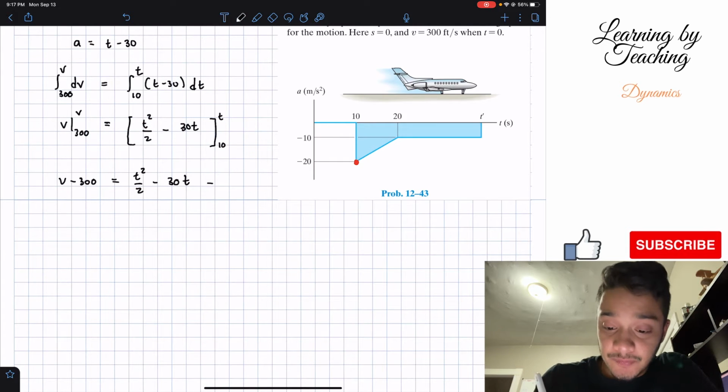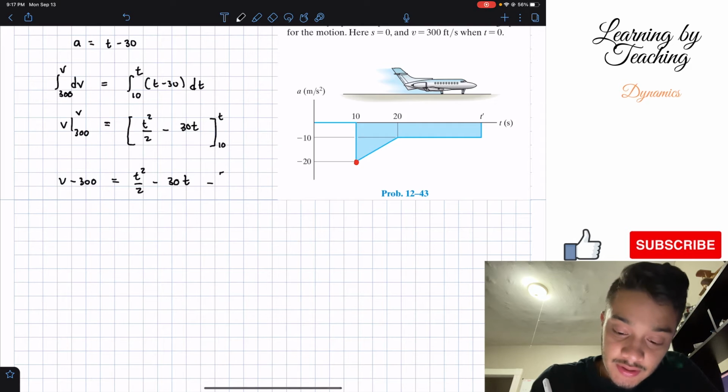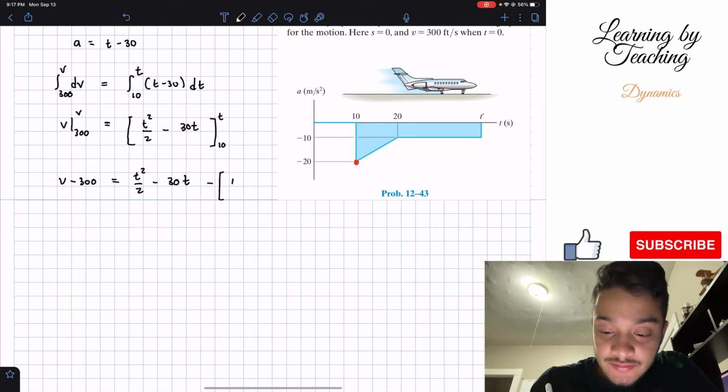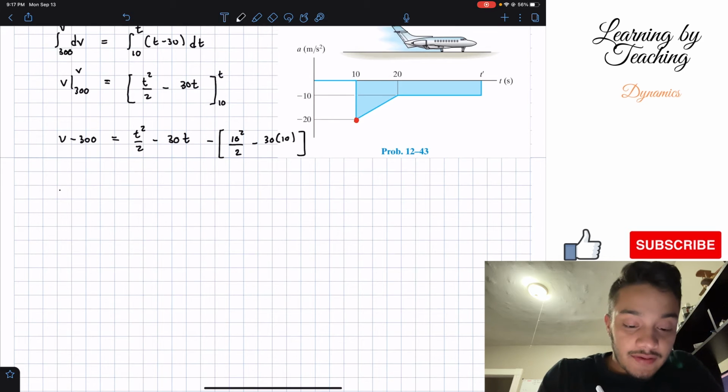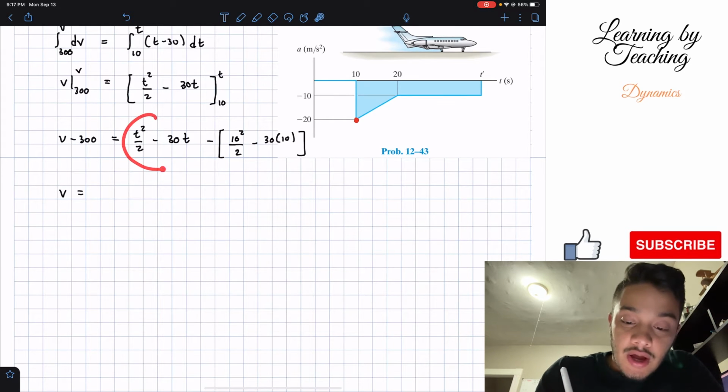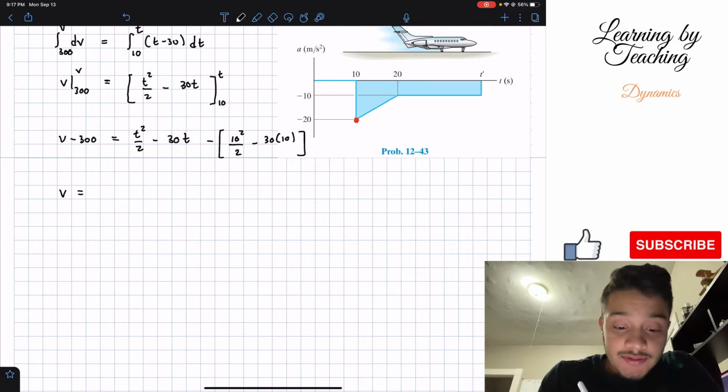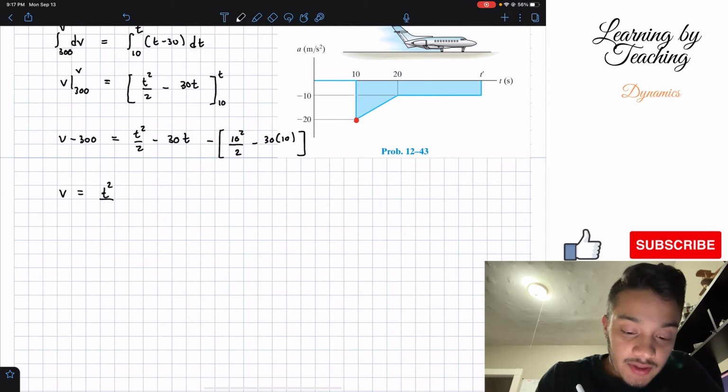So I'm going to open a big bracket, and we have 10 squared divided by 2 minus 30 multiplied by 10. Now our velocity has to be equal to t squared divided by 2 minus 30t, and I cannot combine this t with anything else, so they stay the way they are.